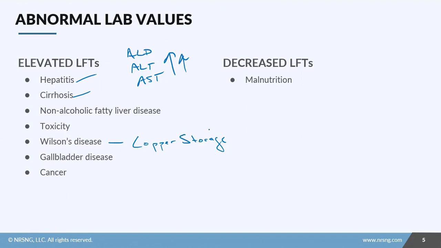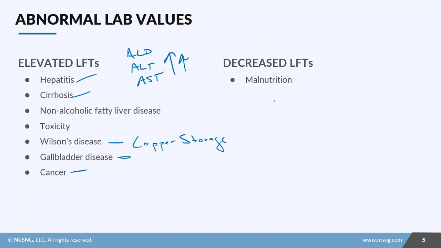It's a chronic disease, typically managed with medications, and a lot of patients cope well with it. The other reasons for elevated liver function values are going to be gallbladder disease. So if there's inflammation of the gallbladder and inflammation of the bile duct, or they have gallstones, that's going to cause this increase in those liver values. Overall, cancer is another reason that you're going to also get some increases in those liver values as well.